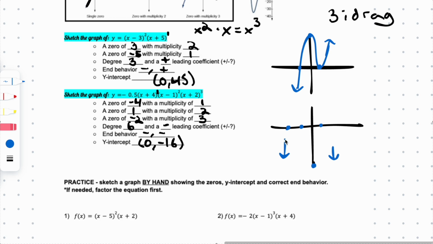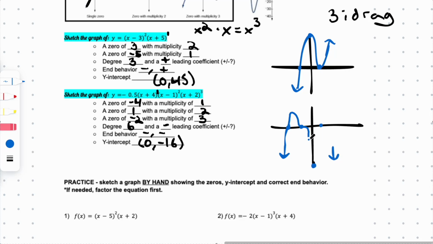For our 0 of -4, we have a multiplicity of 1, so I'm going to go straight through. And then we need to go back for the 0 of -2, which has a multiplicity of 3. So we're going to have to go down. And since it has a multiplicity of 3, we're going to drag.